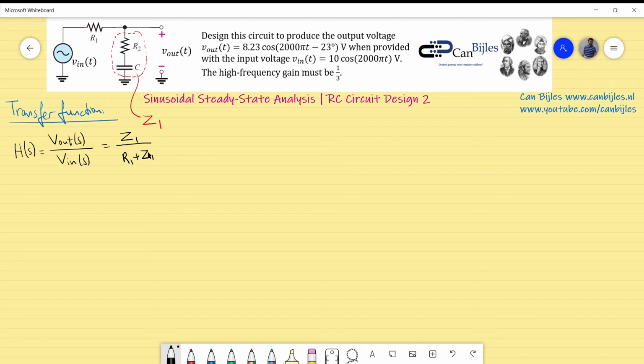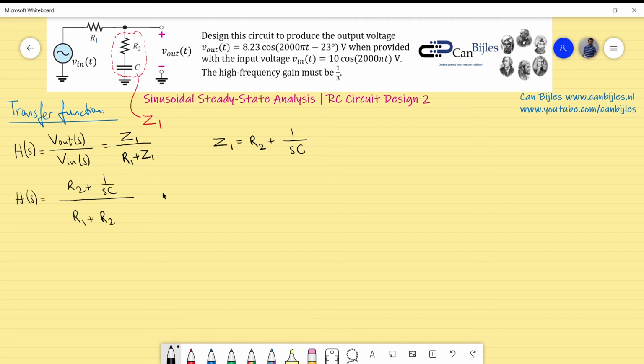Okay, so what is Z1? That's actually, in this case, just a series connection of R2 plus 1 over SC, because I use the Laplace parameter S. So if I now substitute this in this expression, so what do we have? H of S will be R2 plus 1 over SC divided by R1 plus exactly the same as Z1.